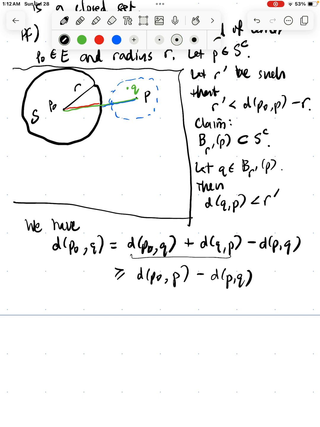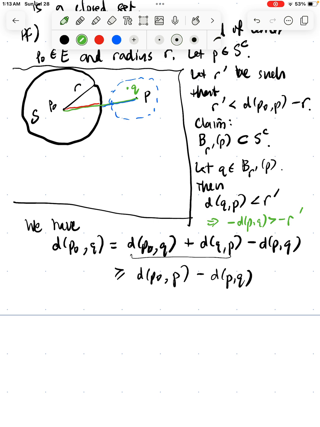And now, what do we have? Well, we know that the distance between P and Q is less than R prime, and so therefore minus the distance between P and Q is greater than minus R prime.